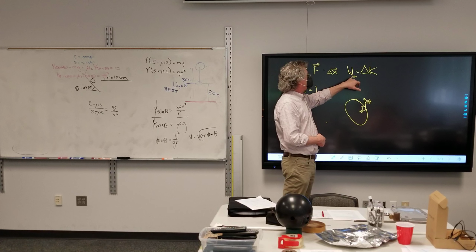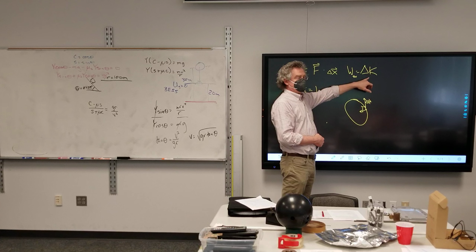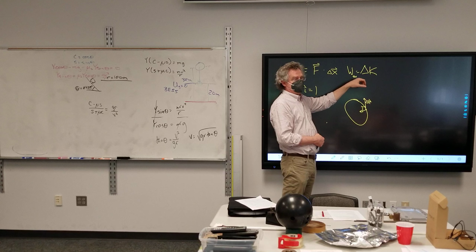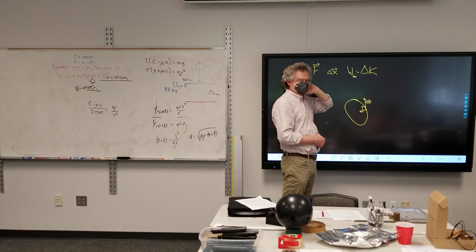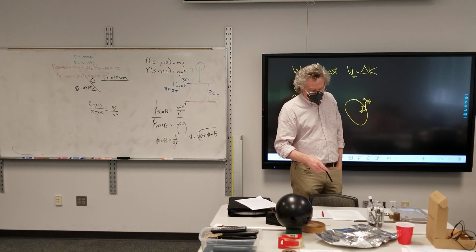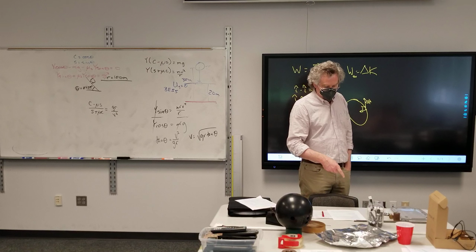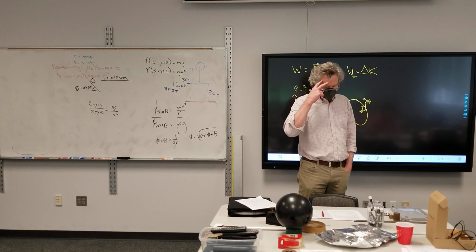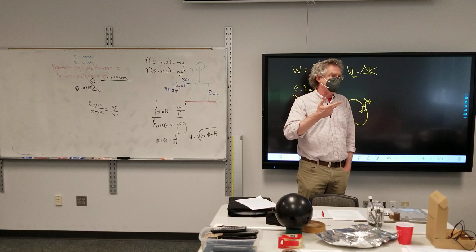If the total work is positive, then my change in kinetic energy is positive. In other words, the object speeds up. If the total work is negative, it slows down. If the total work is 0, no change in kinetic energy, stays the same speed. So when I'm grading number 5 under the total work greater than 0, equal to 0, less than 0, when you write it out, I'm picturing speeding up, slowing down, or staying the same speed.